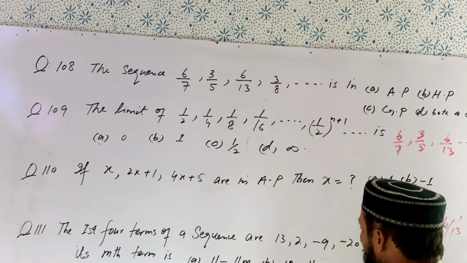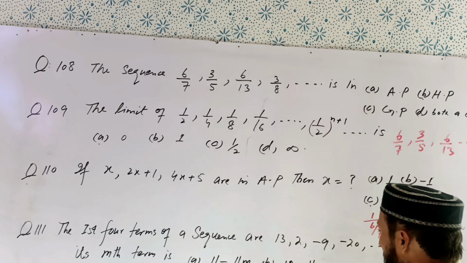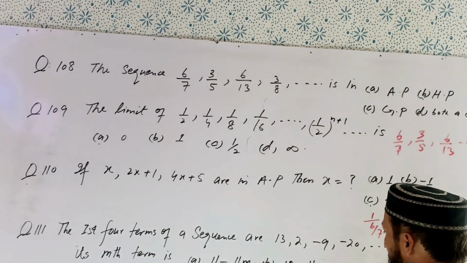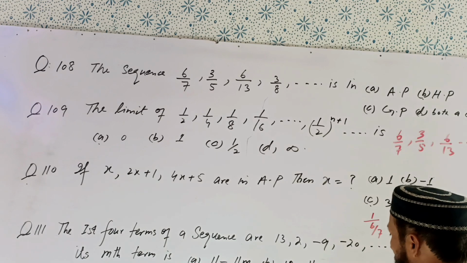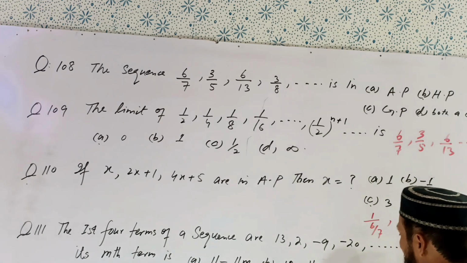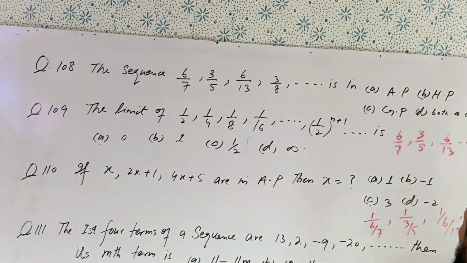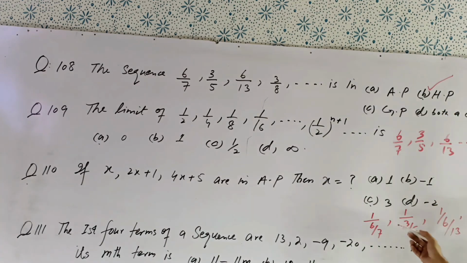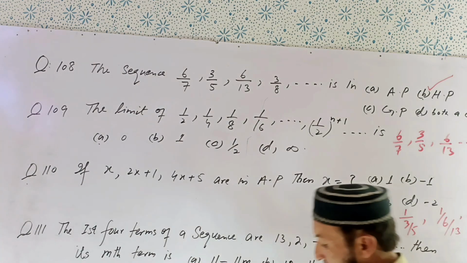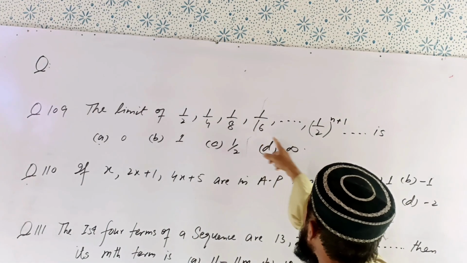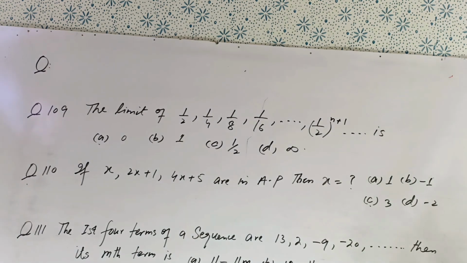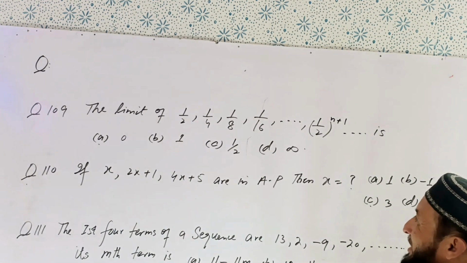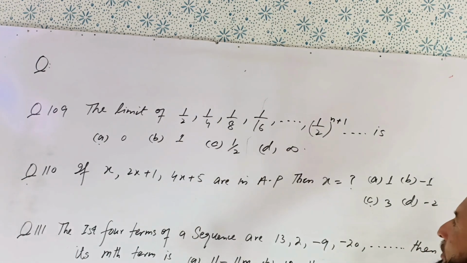Here 6 is the LCM, and we get 10 minus 7, so 3 divided by 6, which cancels to 1 by 2. This 1 by 2 indicates a harmonic progression, because we have found this from the reciprocals. So what is the result? Look here, the common difference is coming.